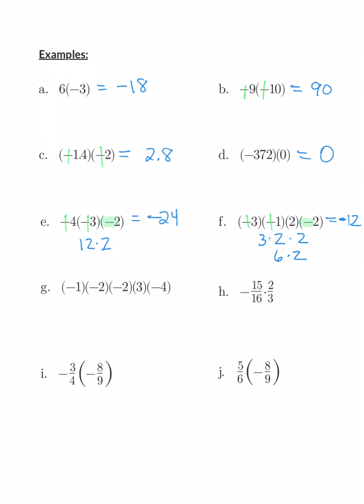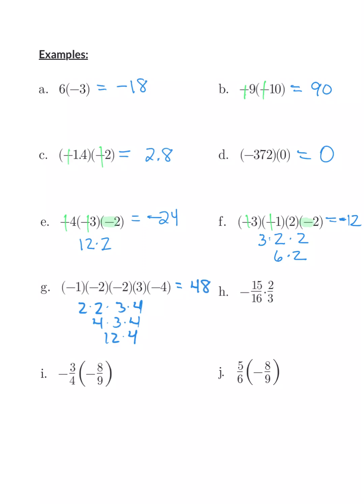For example G, we can multiply the numbers. We get 1 times 2 is 2, times 2 is 4, times 3 is 12, times 4 is 48.